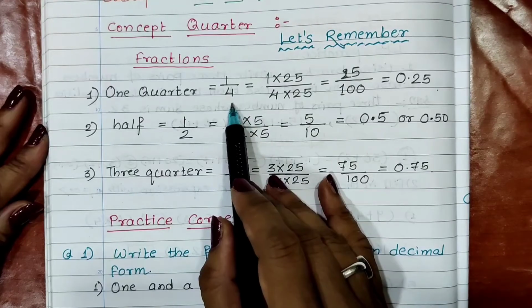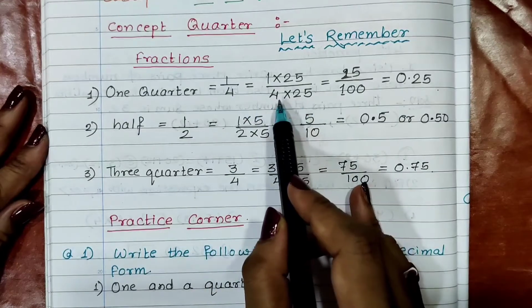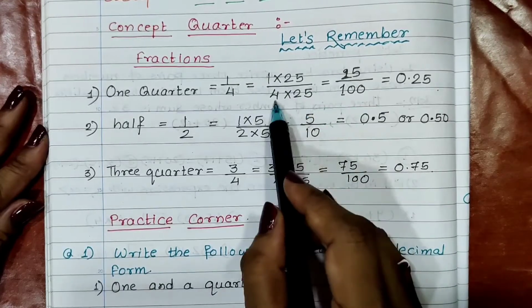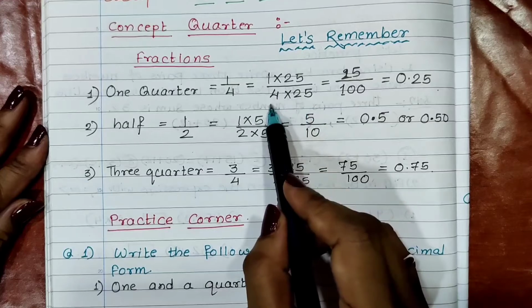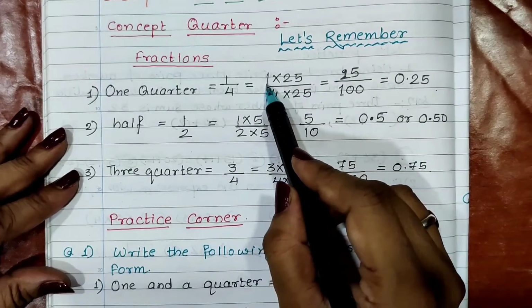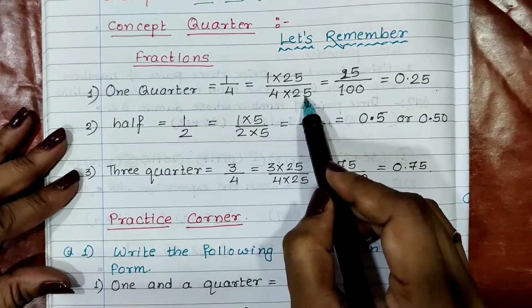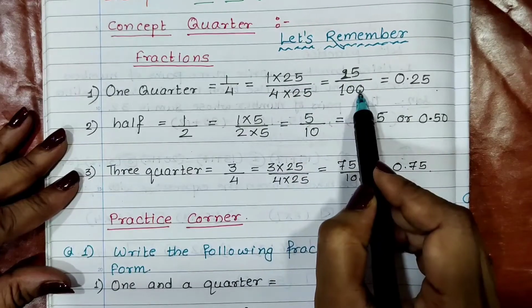We cannot convert this 4 into 10, but we can convert it into 100. How? If you multiply 4 by 25, you get 100. As we are multiplying the denominator by 25, we have to multiply the numerator as well by 25. So 1 into 25 is 25, and 4 into 25 is 100.